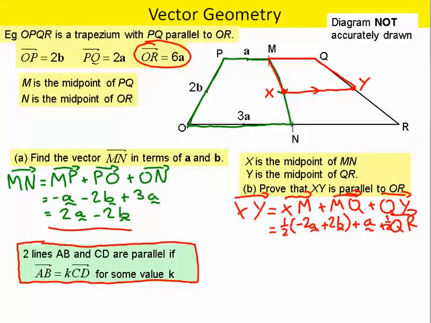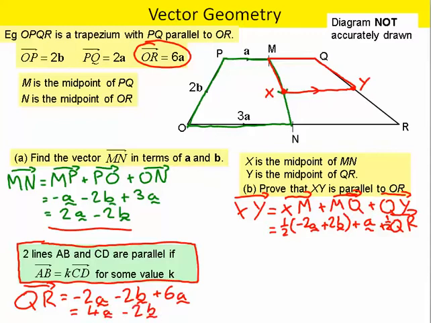Now, if we work out QR, let's jump down here. We've got a bit of space. QR is equal to minus 2a, that's QP. Then PO, which is minus 2b. And then OR, which is plus 6a. So QR in total is 4a minus 2b.